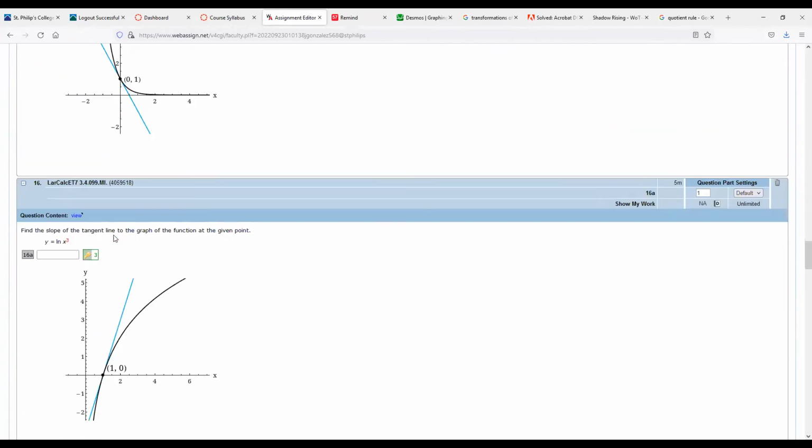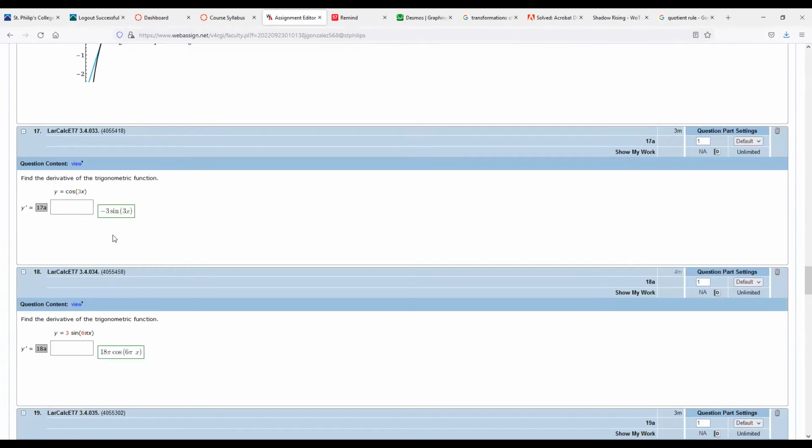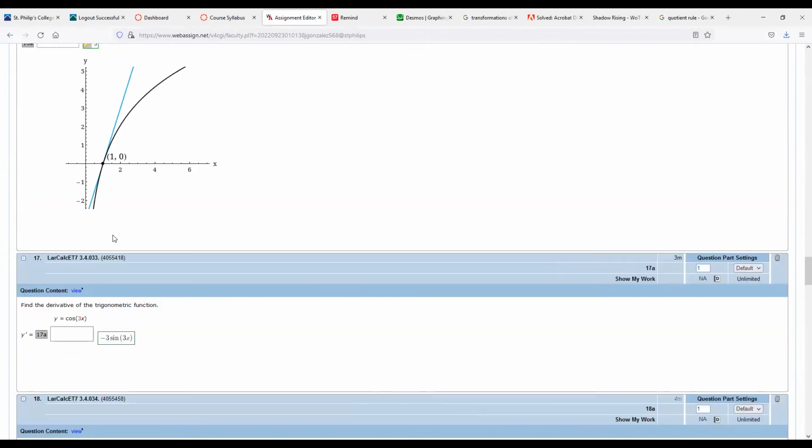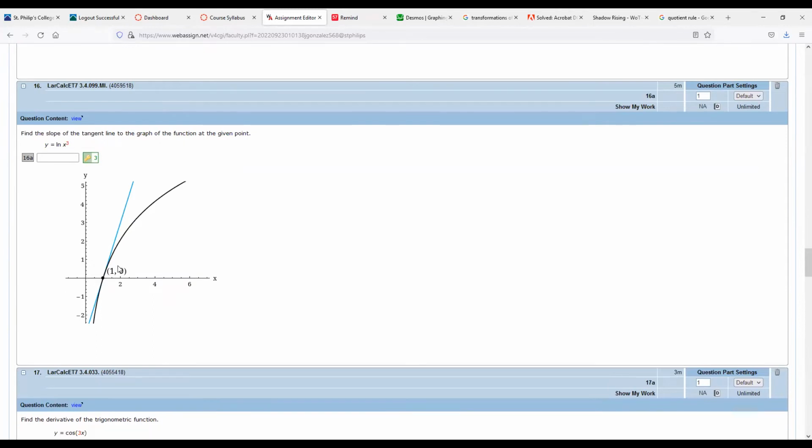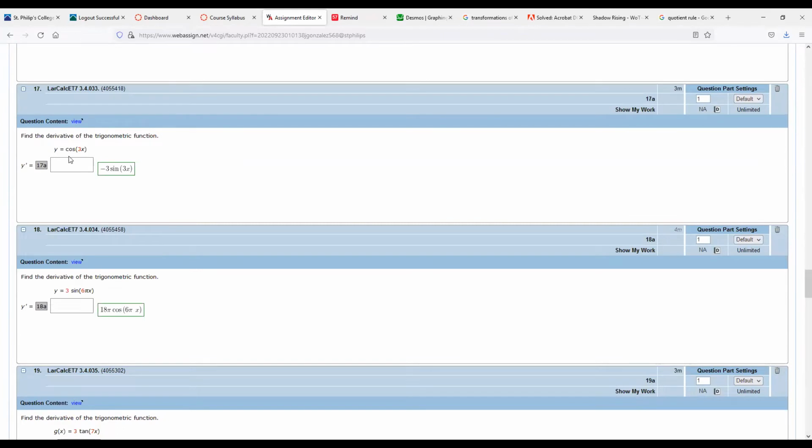Anyway, that's pretty much the chain rule. They're gonna ask the same questions at the end, like the slope of the tangent line. Well, that just means take the derivative and plug in that x value. And then there'll be trig functions that also require chain rules, because now you have a function inside the cosine or inside the sine.